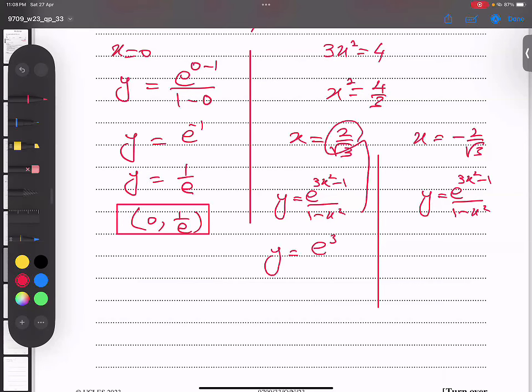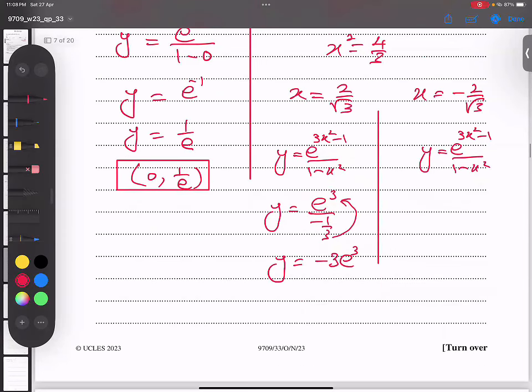And when I plug in this value here, student, what will happen? 1 minus 4 divided by 3. I got a negative 1 over 3. So, student, this can flip, come up. So I got a negative 3 e to power 3. So finally, x is this one and y this one. So I get an answer 2 over root 3, comma, negative 3 e to power 3. So this is my answer number 2.